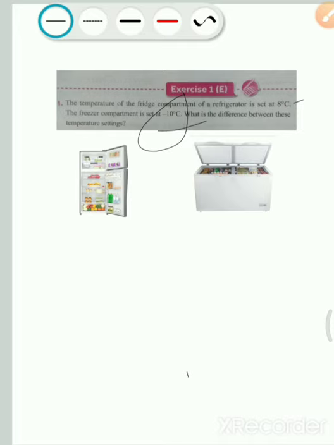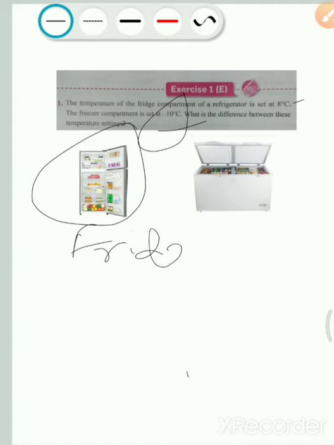Okay, so first of all we should know what is freeze and what is the work of freeze and what is freezer. Okay, do you know the difference between freeze and freezer, students? This is called your freeze, and this is called your freezer.